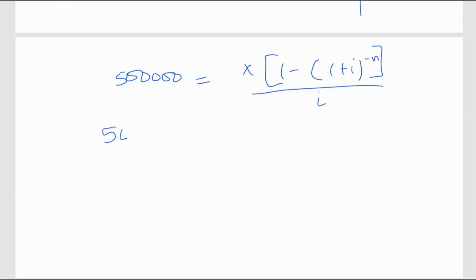So it's saying that our 500,000 is equivalent to 11,250 times 1 minus 1 plus our interest of 6% quarterly.